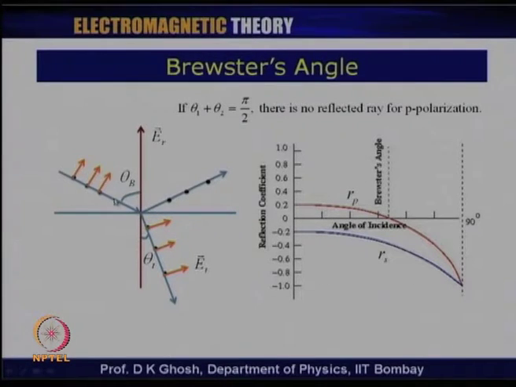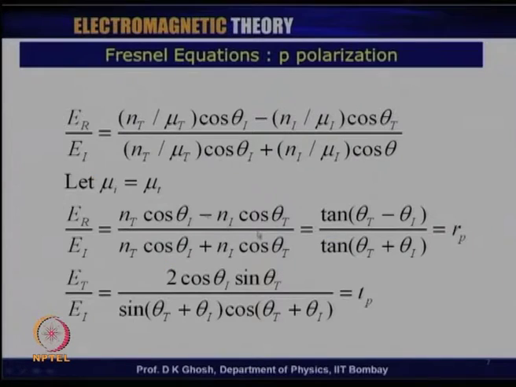If this angle plus this angle is pi by 2, elementary geometry will tell you, because the angle of reflection is the same as the angle of incidence, that the angle between the reflected ray and the transmitted ray is 90 degrees. Now, if that happens, going back to this, tan of theta t plus theta I is infinite. As a result, the amplitude of the reflected ray is 0.